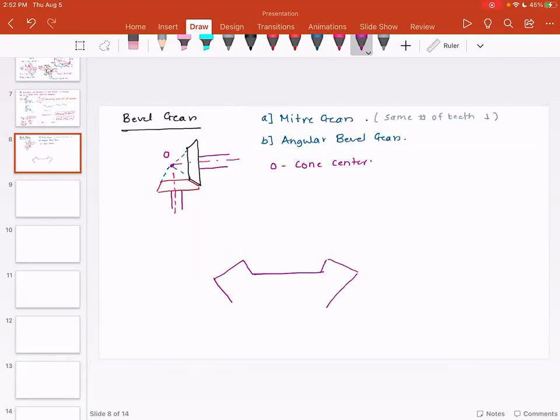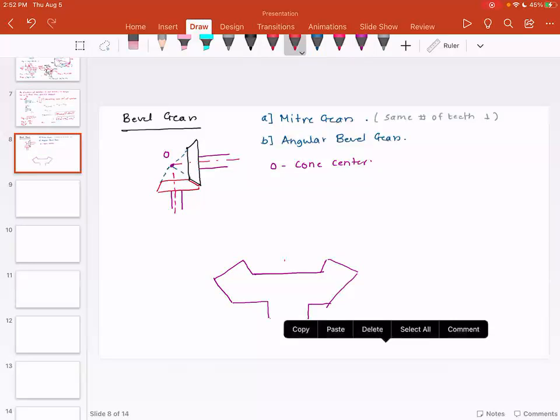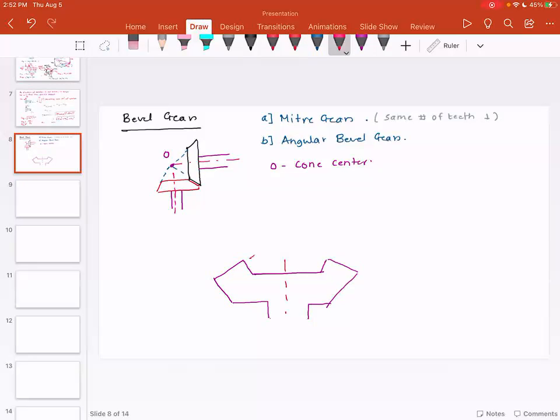So this is the actual bevel gear. What it means is you can extend the bevel gear, or you can project it ahead, or you can project it behind. So this is called the front cone, and this is called the back cone.